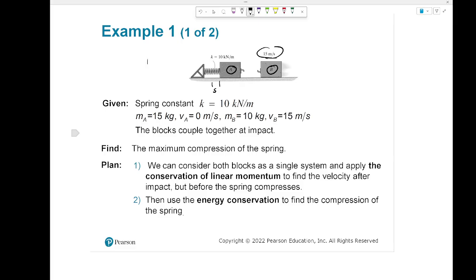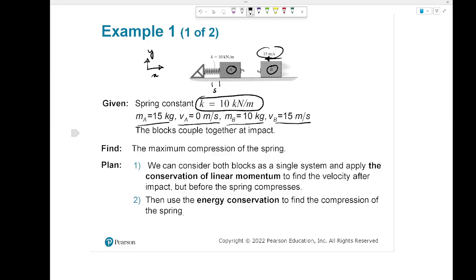I said minus because the x direction is this direction, so it is opposite to the x direction. And block A is at a standstill, meaning it doesn't have any velocity initially. So that's the info given here: 2 velocities and 2 masses for these 2 blocks. And obviously you see this block A is attached to a spring of 10 kilonewtons per meter. That's the stiffness of the spring.